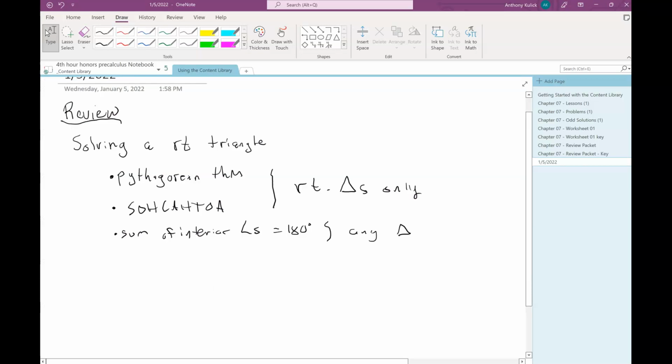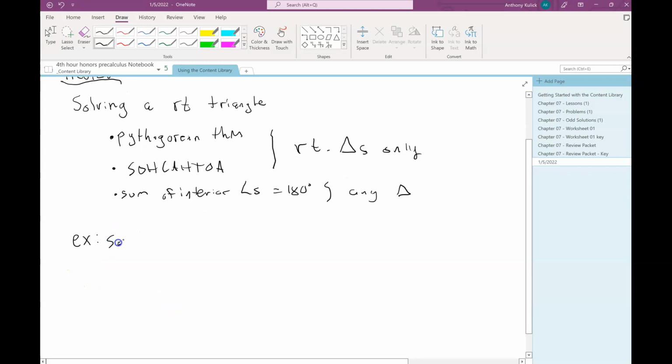So there's two different situations that we can run into when solving a right triangle. One situation is where we know one angle measure and one side length.